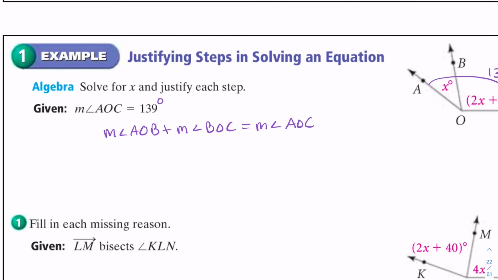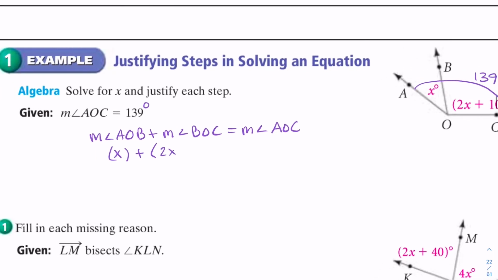Then I'll substitute in and I'll put x plus 2x plus 10 equals 139 degrees. Then I'm going to say 3x plus 10 equals 139 degrees. Notice I combined like terms, but I didn't really show any work for it.